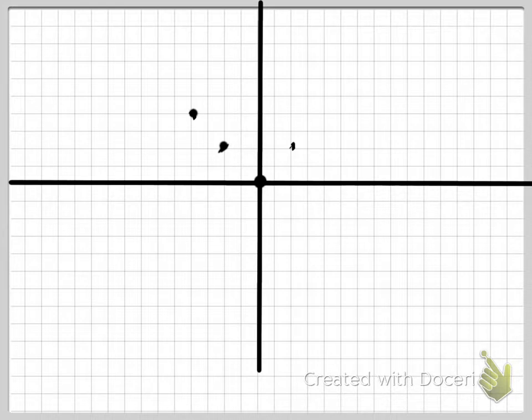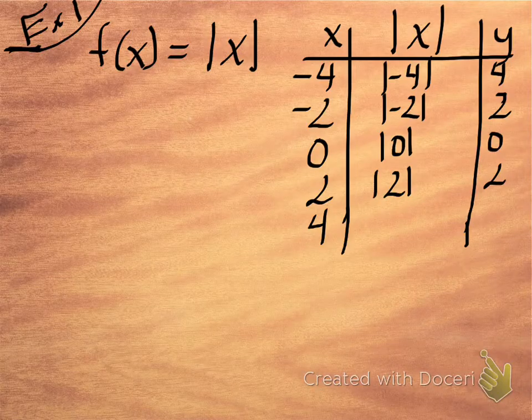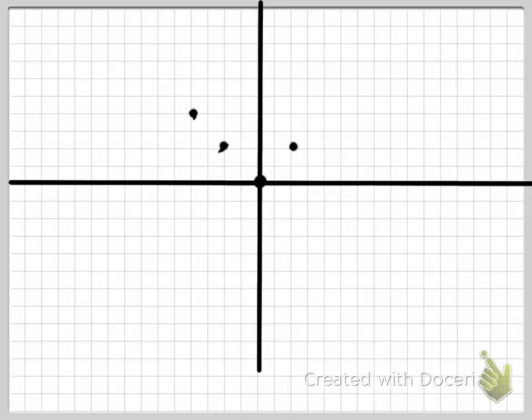As you can see at this point, we're starting to see that V form. We've gone down and now we're starting to go back up. And the absolute value of +4 is 4. I am going to connect my dots and draw in the lines.